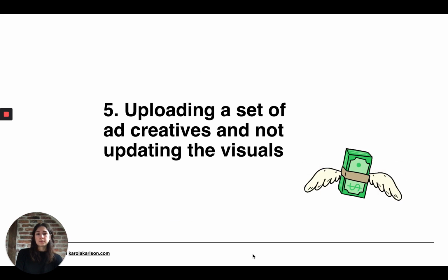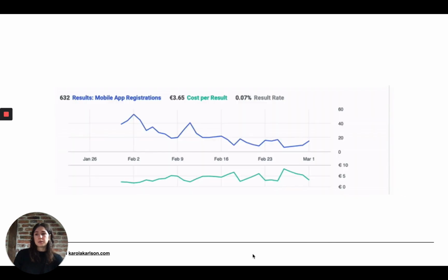So we already briefly discussed this, but you should regularly update your ad creatives and test new ones. If you simply upload a set of visuals and leave them running for several months, your ad results will go down and people will simply get used to seeing your ads and will develop an indifference towards them.